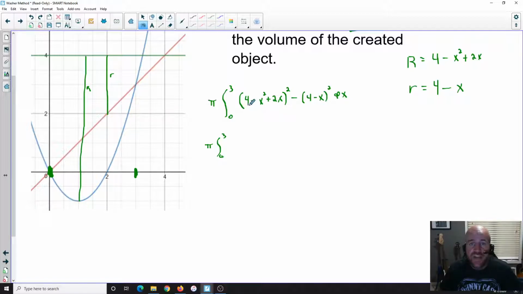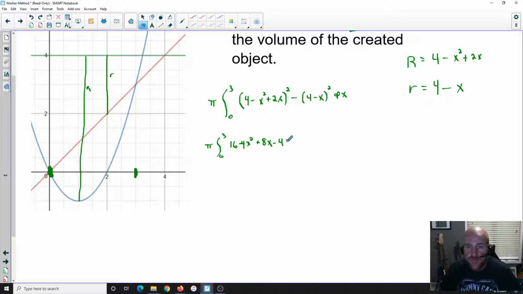So we need to take each term and multiply by all three terms. So 4 times 4, 4 times negative x squared times 2x. Sorry, negative 4x squared. 4 times 2 is 8. Okay, and then the middle term multiplied by all three.